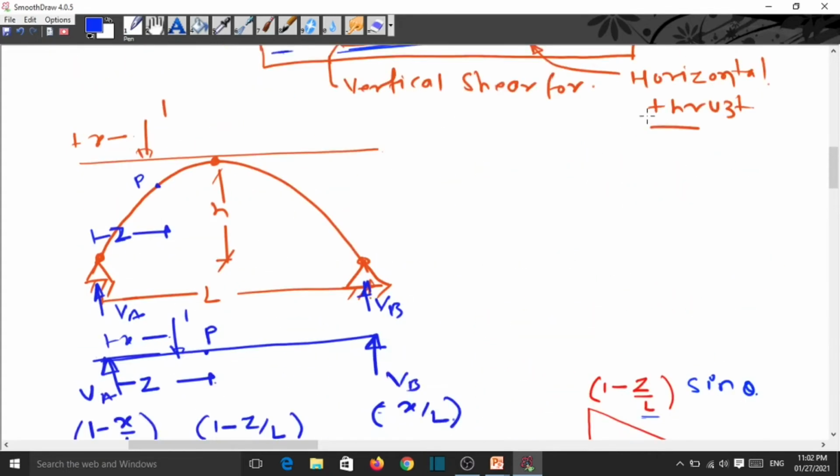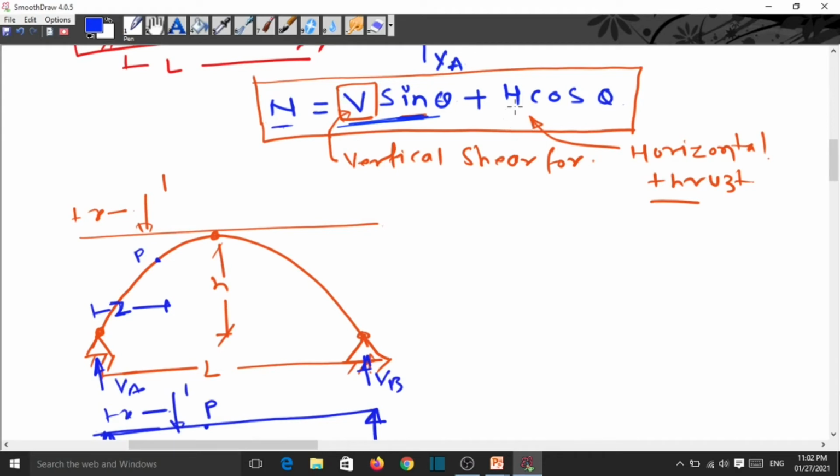Now we draw the ILD again, first for the V, then for the H multiplied by cos theta. So that ILD becomes H cos theta and then we superimpose both these diagrams.